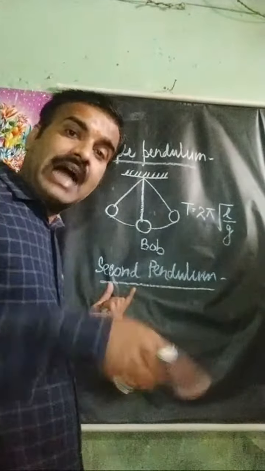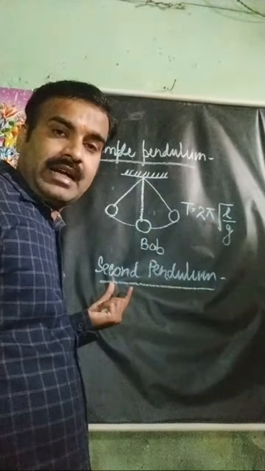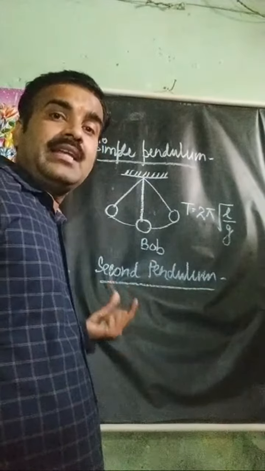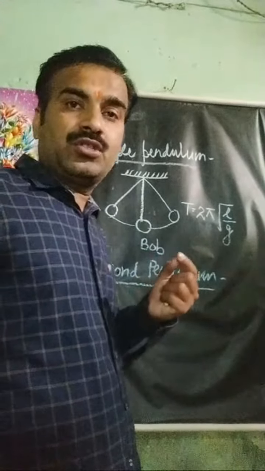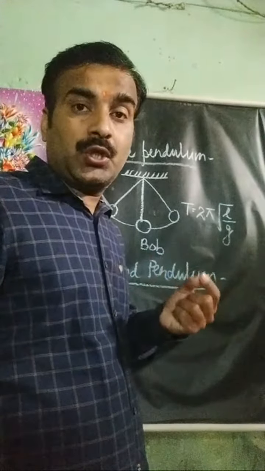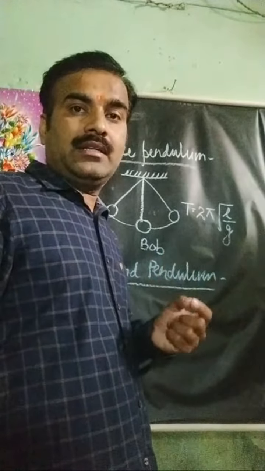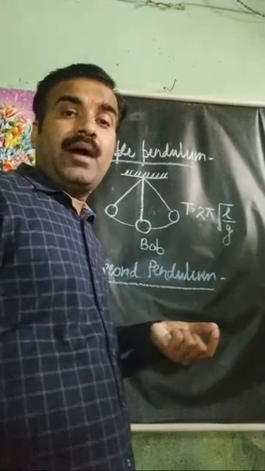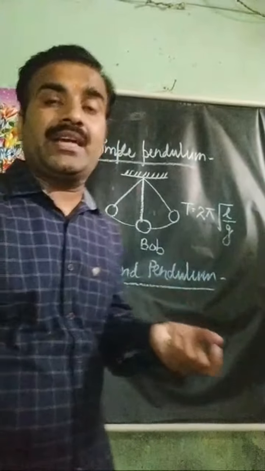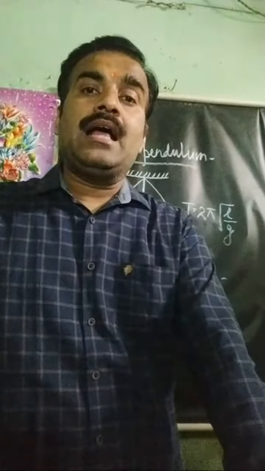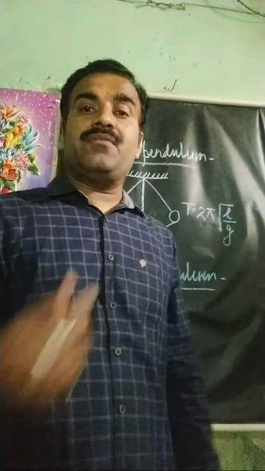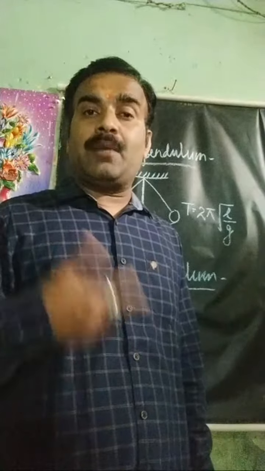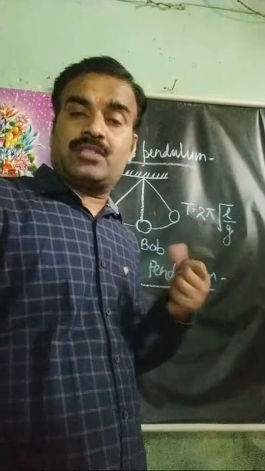From the name it seems to be clear: second means first, after first second will come. On this basis we can define a pendulum whose time period is 2 seconds as a second pendulum. And by the use of the second pendulum we can also find the length of the thread. That means if any pendulum has a time period of 2 seconds, what will be the length of that simple pendulum?